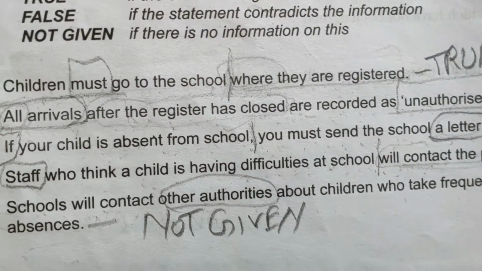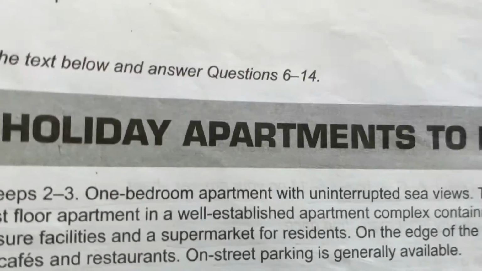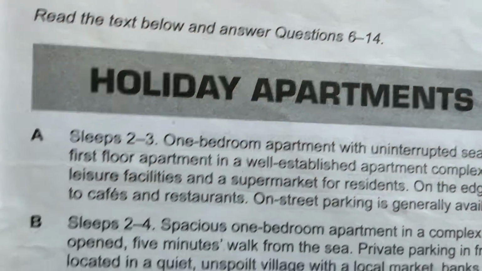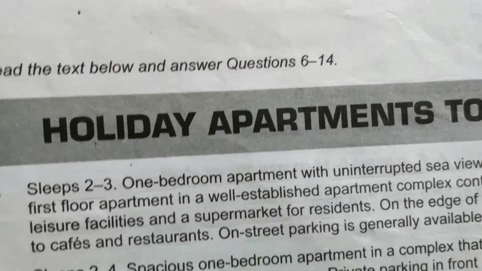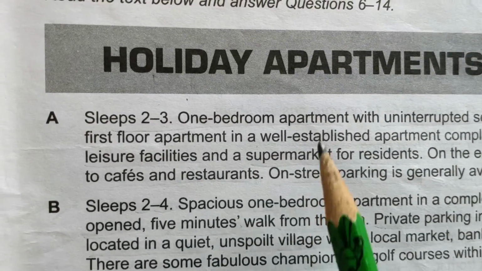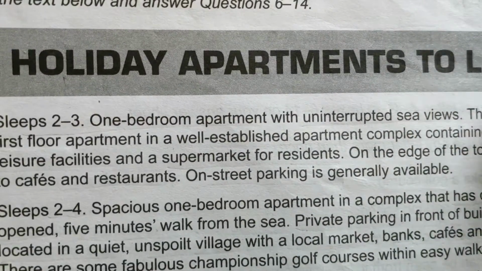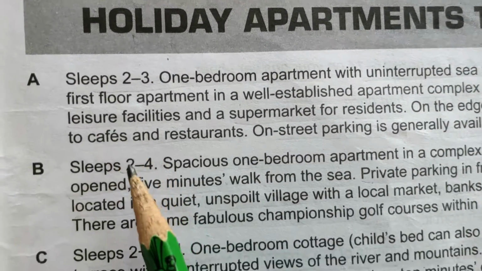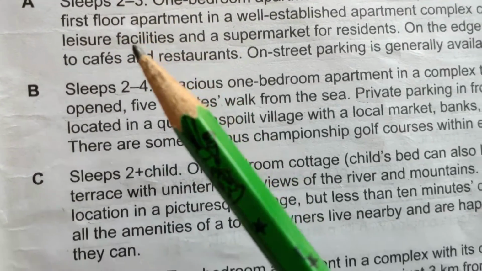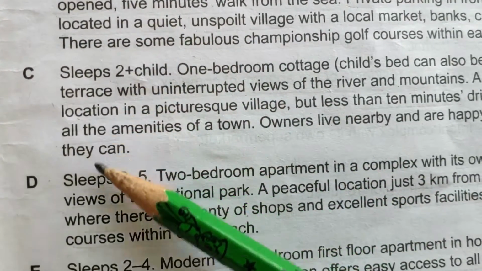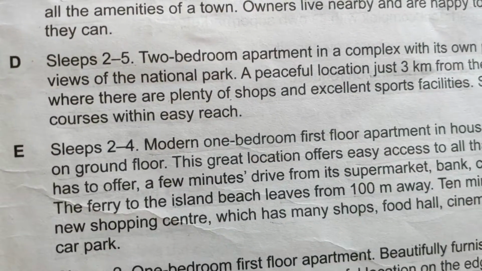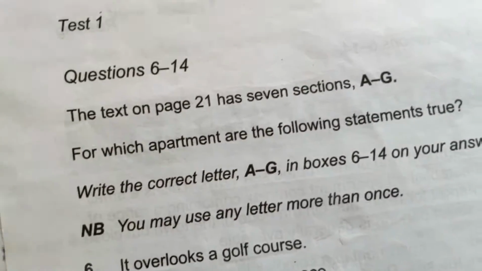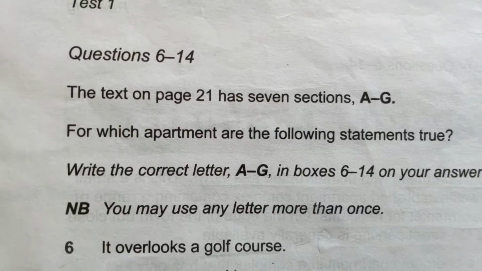Okay, now let's move on to the next paragraph of the same section. Now the paragraph is Holiday Apartments to Let. This section has been divided in alphabetical order: A, B, C, D, E, F, G. Now move on to the questions.